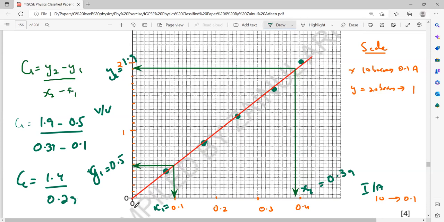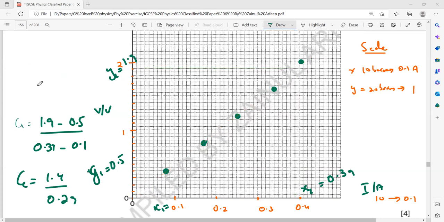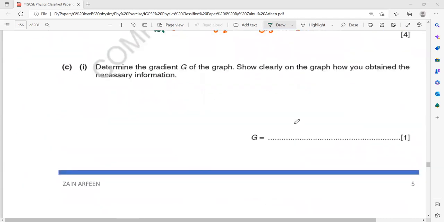What's the answer for this? The value for the gradient equals 4.82. So the gradient here is equal to 4.82. So you will write here 4.82.